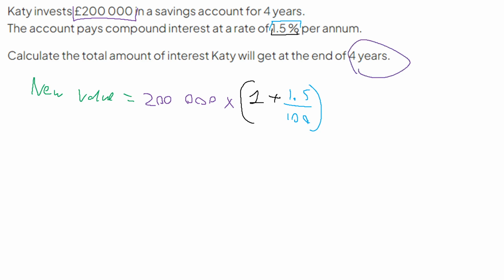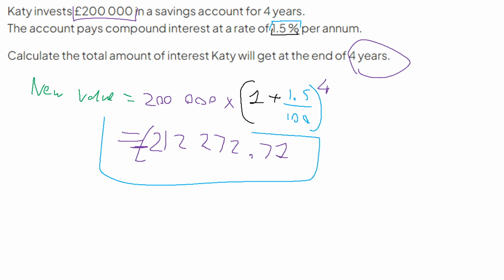And then when we plug all of that into our calculator, we've now skipped a lot of writing and arrived at the same solution, which should equal 212,272 and 71 pence. And that is our final answer.